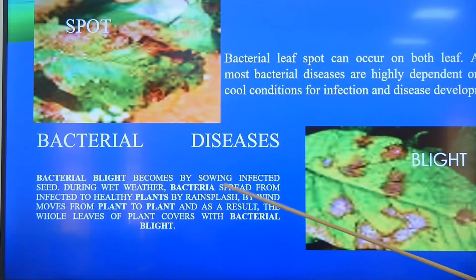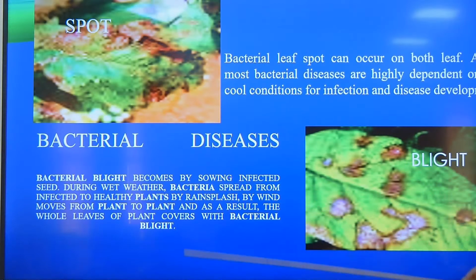And the blight, bacterial blight comes from some infected seed. During wet weather, bacteria spread from infected to healthy plants by rain splash, and by wind from plant to plant. And as a result, the whole leaves of the plant are covered with bacterial blight.